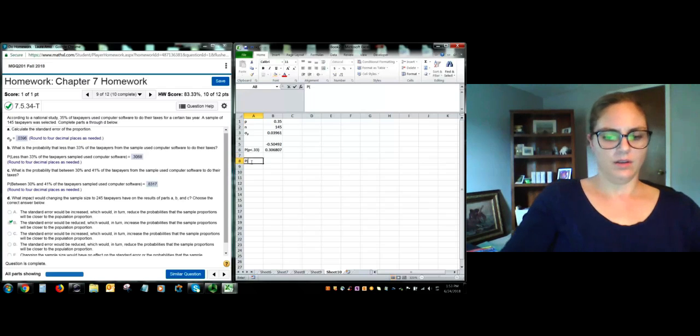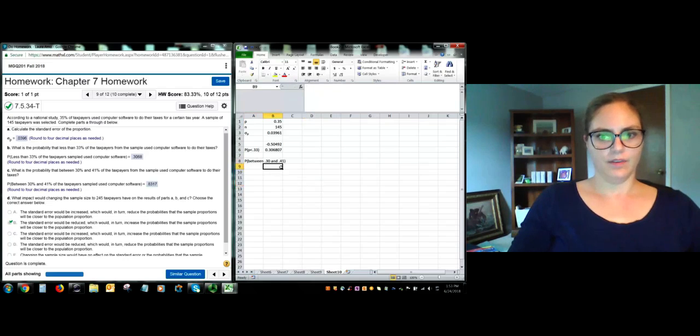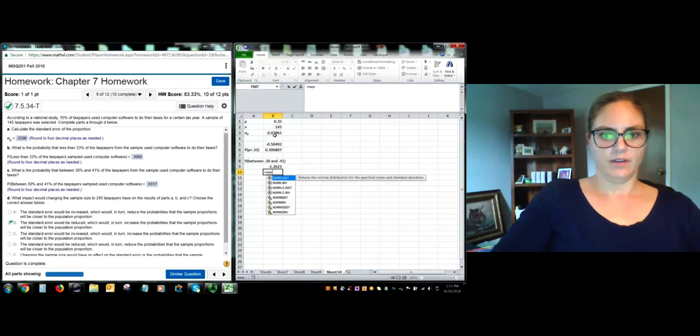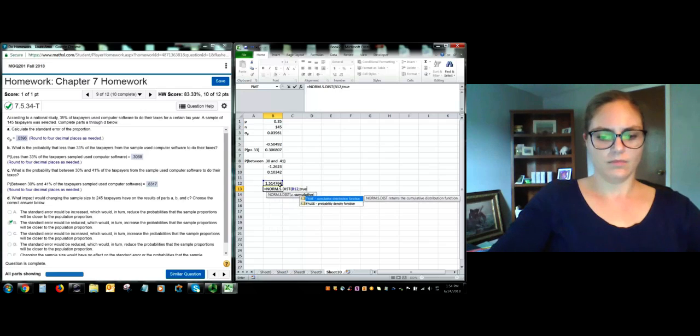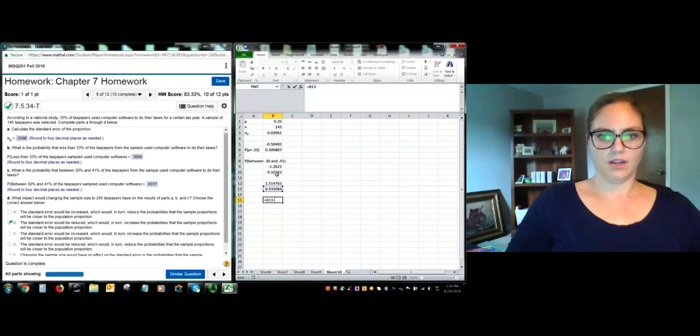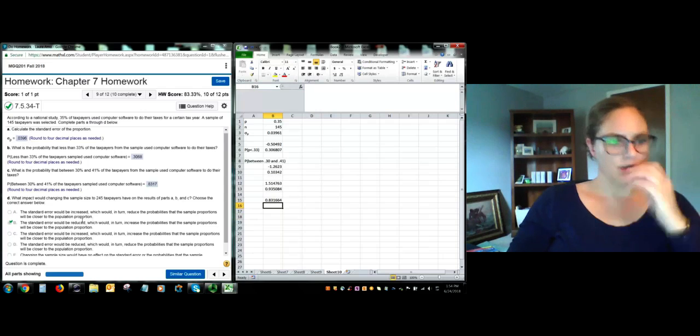Okay, and P between 0.30 and 0.41. Because of between, we are going to take the difference between these two probabilities, and that comes to 0.8317.